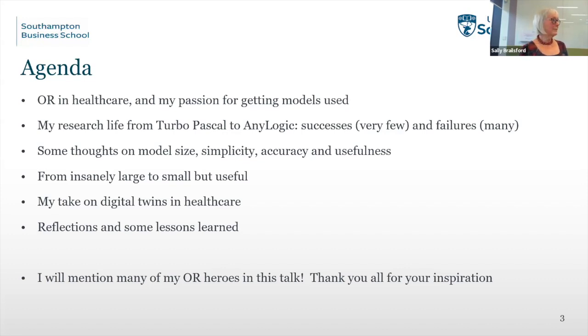Give you some examples of some stupidly big models. Then I'm going to go on to talk about digital twins, which are the latest buzzword, and finish up with some lessons learned. And I'm going to be talking about quite a few people, some of whom are in this room and some of whom I think are online during the talk.